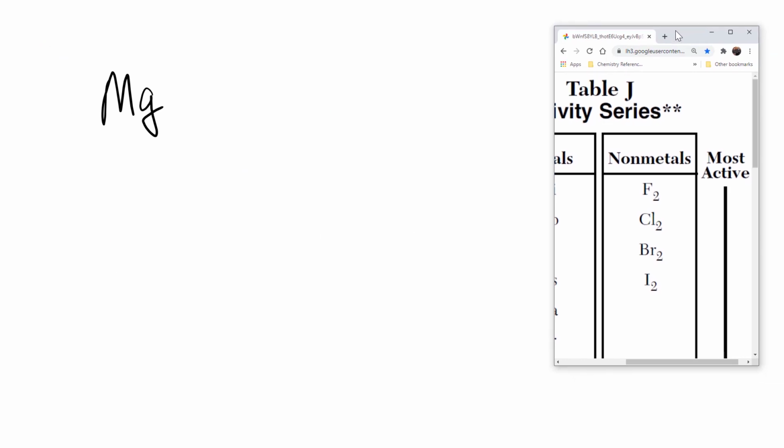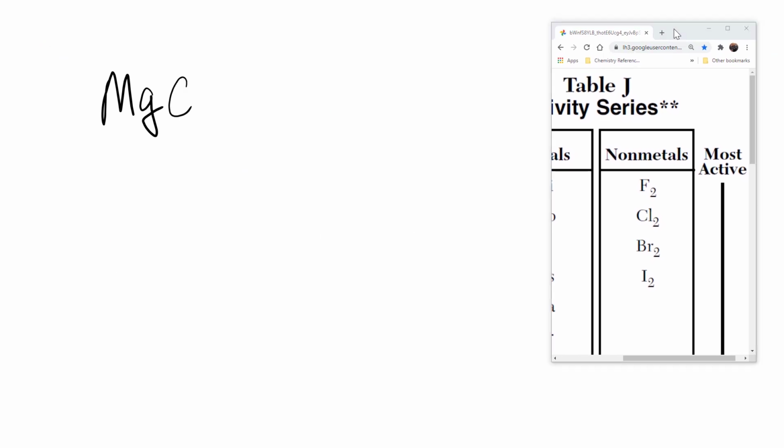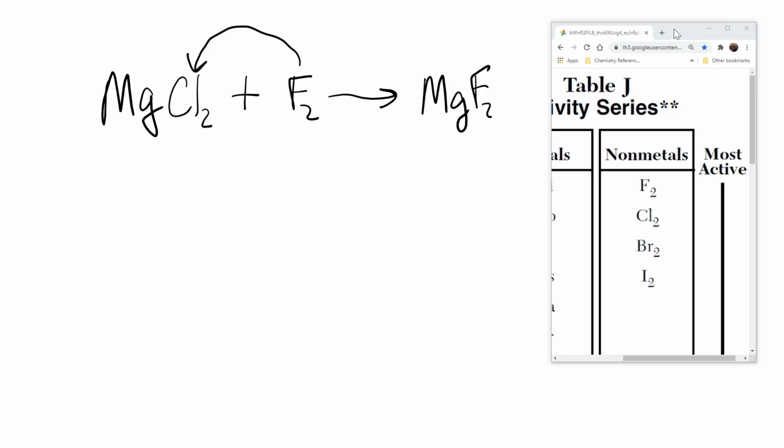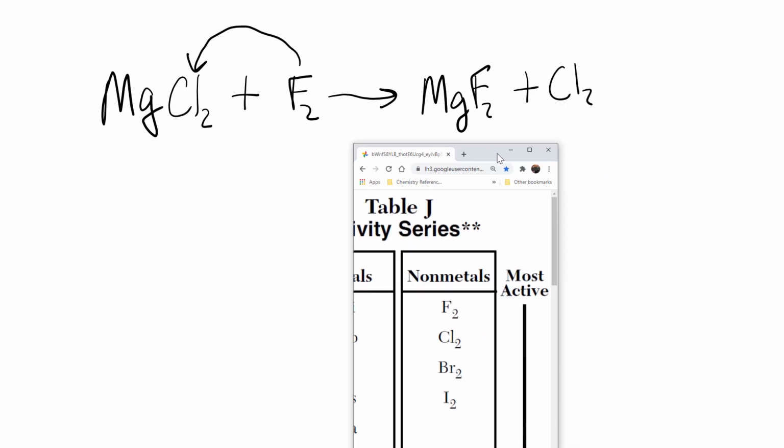Take MgCl2, and I add to that some F2. Notice that the F2 is higher than the Cl2, and that single replacement will happen, and you'll get MgF2 and then Cl2, like this. All right, so realize that that can occur as well.